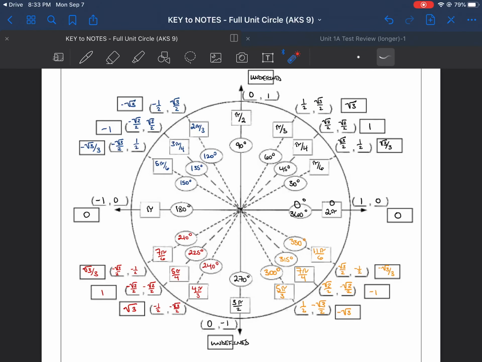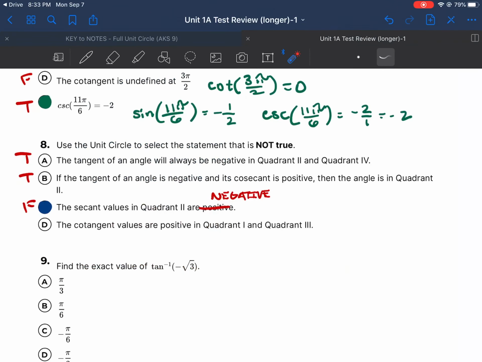Well, if we look at our unit circle, in quadrant 1, we have positive tangent values, and that's because both the cosine and the sine are positive. Remember, tangent is sine divided by cosine. And also notice that in quadrant 3, we also have positive tangent values. Again, that's because the cosine and the sine are both negative. So when you do sine divided by cosine, a negative divided by a negative will give us positive tangent values. So that statement is also true.